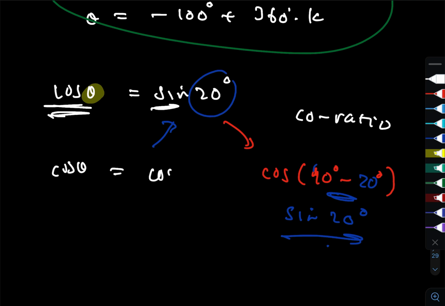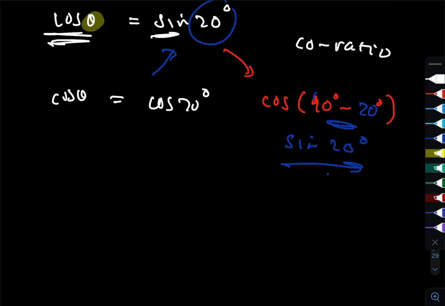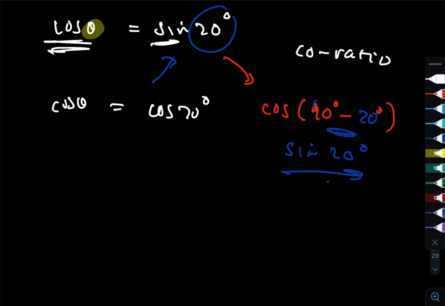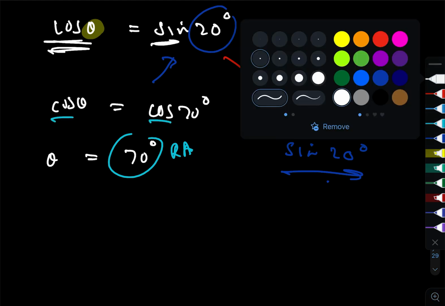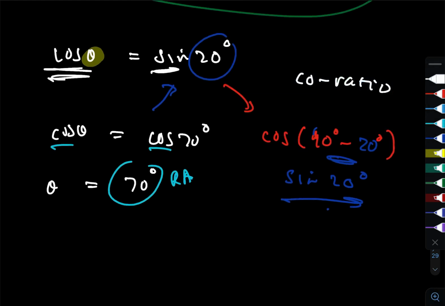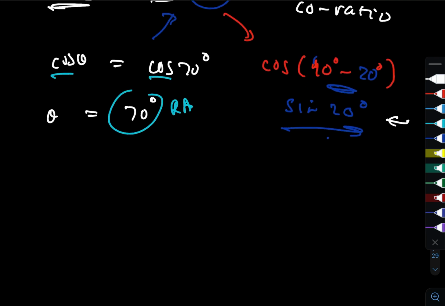So now that I have cosine 70 degrees, I can go ahead and work out something. Now, theta equals 70 degrees, which will be my reference angle. I just remove the cosine and am left with a 70 and a theta on the left hand side. So just remember to use your correlations in order to work out that one.